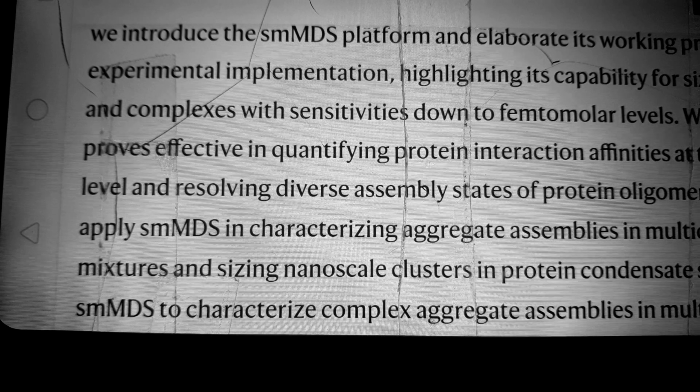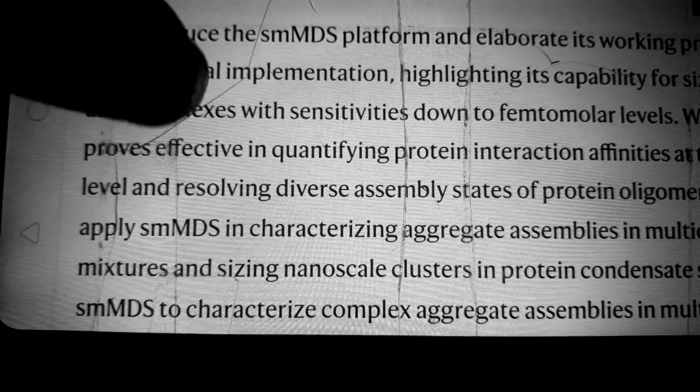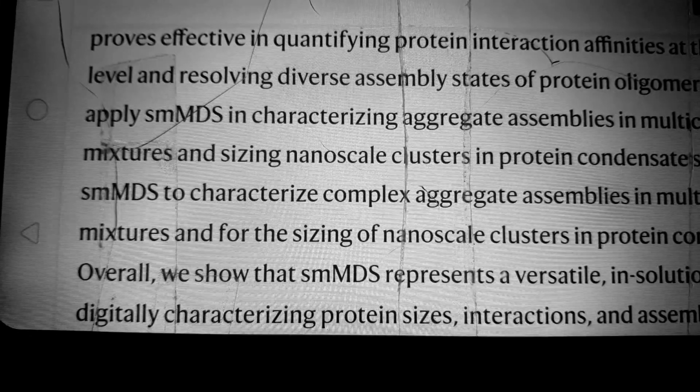Furthermore, we have applied SMMDS in characterizing aggregate assemblies in multi-component protein mixtures and sizing nanoscale clusters in protein condensate systems.